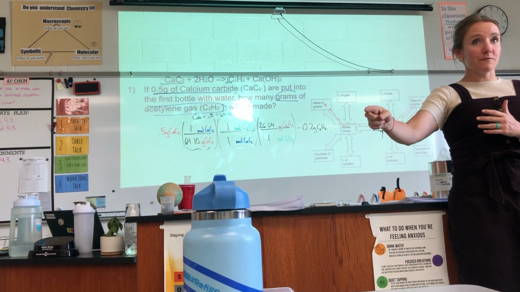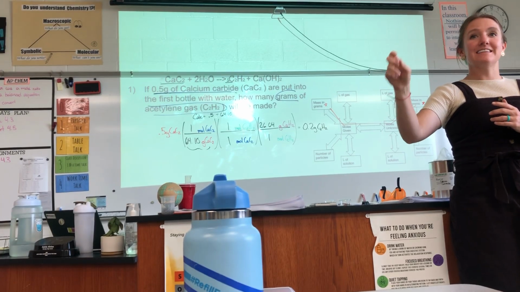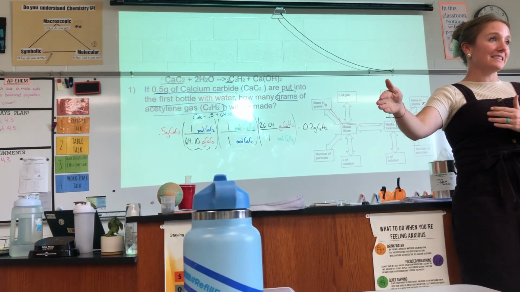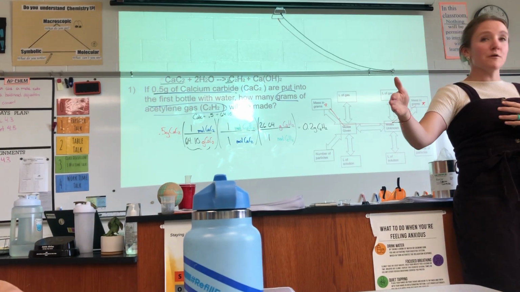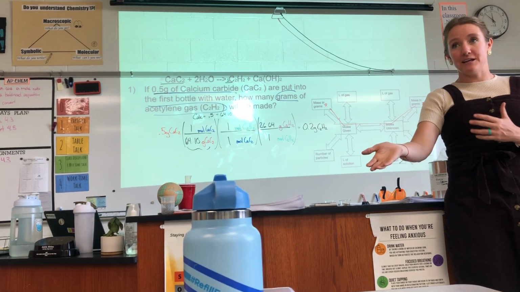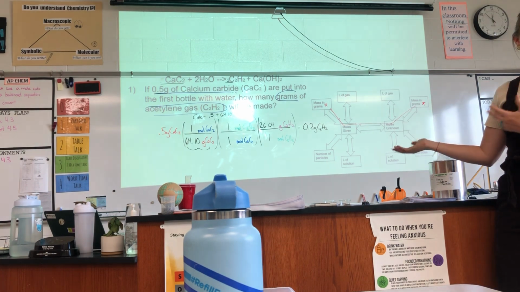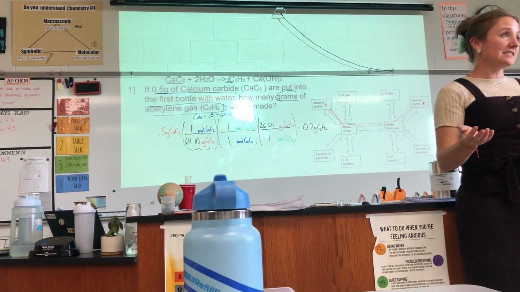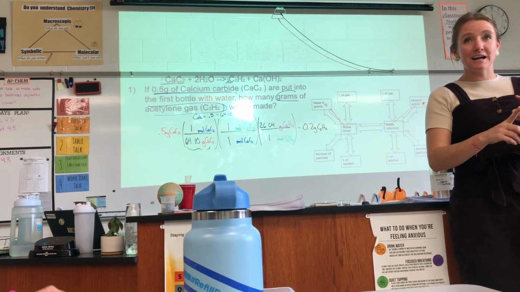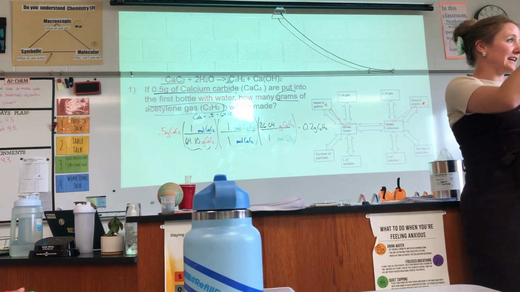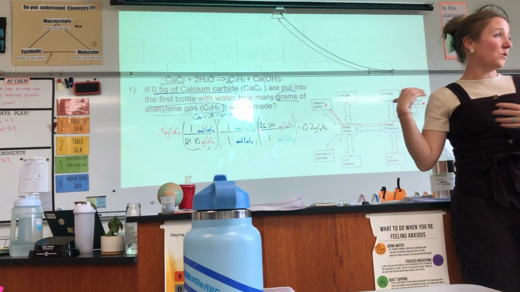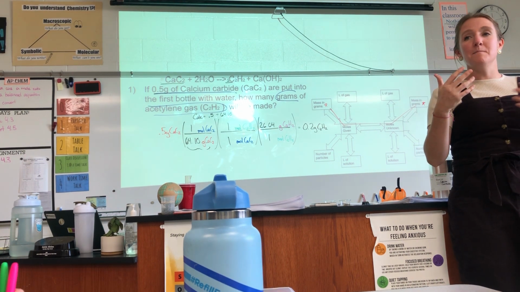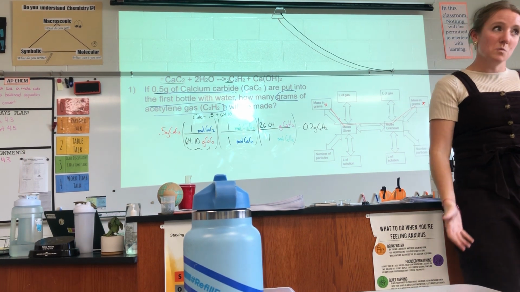Because math is perfect, nothing gets spilled, nothing gets lost, nothing gets broken in math, and so everything goes perfect, I should be able to make that many grams. In actuality, I might not get that, because maybe I don't measure out my 5 correctly, maybe I spill some when I'm transferring it over, maybe my equipment is off, and so it may not line up. Most of the time it won't.